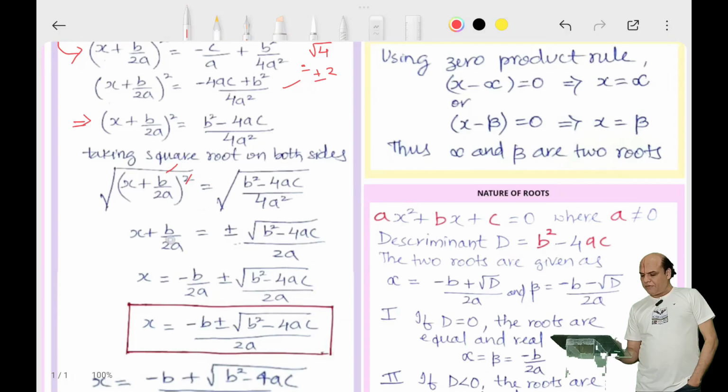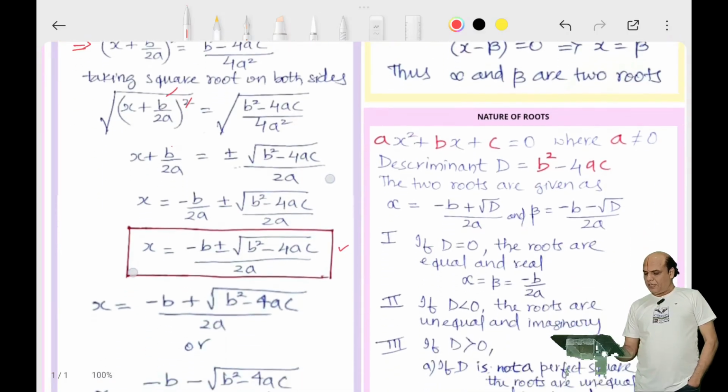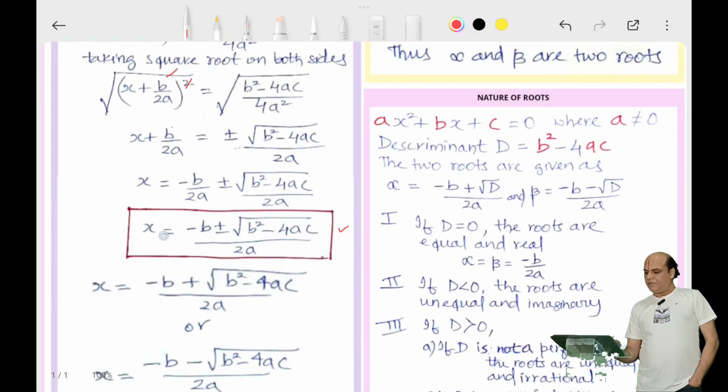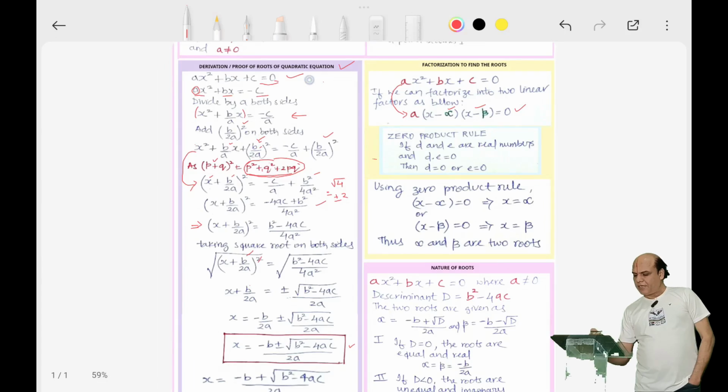If I take this term to the right side, it is plus b by 2a, it will become minus b by 2a plus or minus under root b square minus 4ac by 2a. If I rearrange it on the same denominator, I am getting this equation. This is the solution for x of this quadratic equation, where we need to find the value of x.